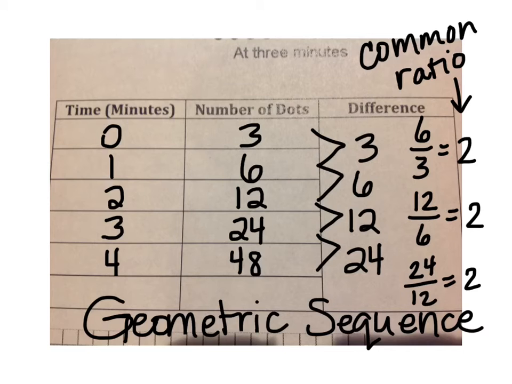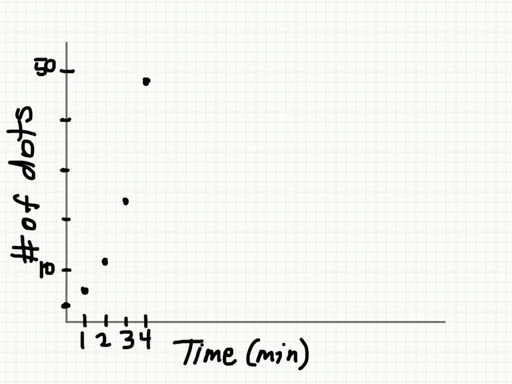Now, knowing that this is not an arithmetic sequence, we don't have a constant increase, we have a common ratio instead. What do you suppose the graph would look like? Do you think it would be linear? Let's go ahead and take a look. Here's the graph.